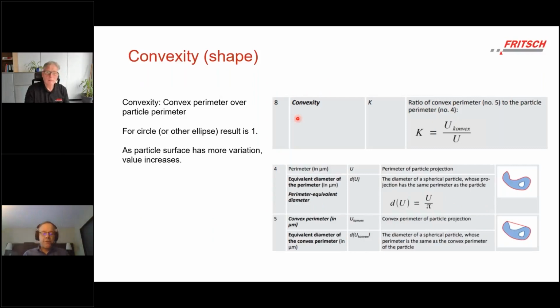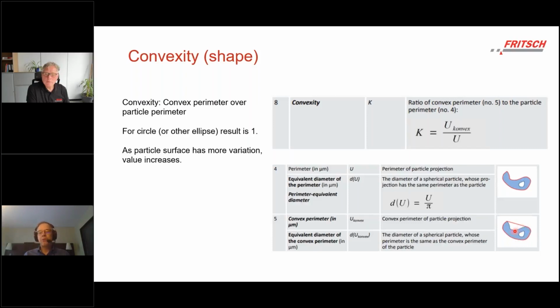Moving on, beyond aspect ratio for particle shape, and that's one of the exciting things about image analysis, you can look at convexity, which is based on the convex perimeter. I have a particle perimeter that just goes around the edges of the particle, and I have a convex perimeter that is like stretching a rubber band over the particle.